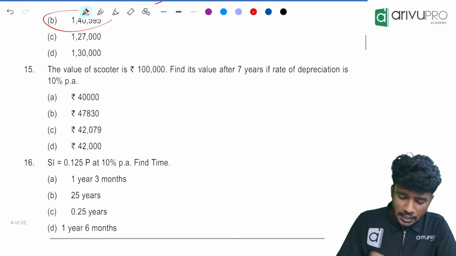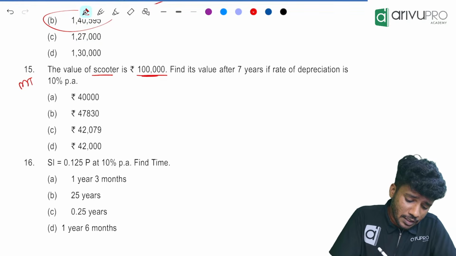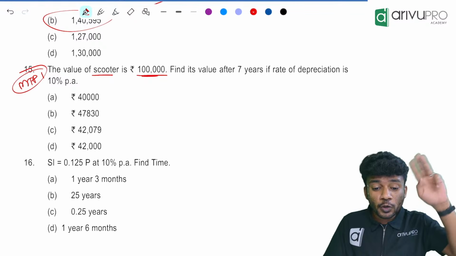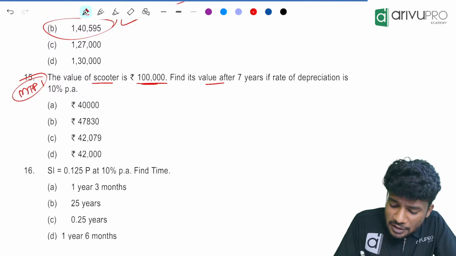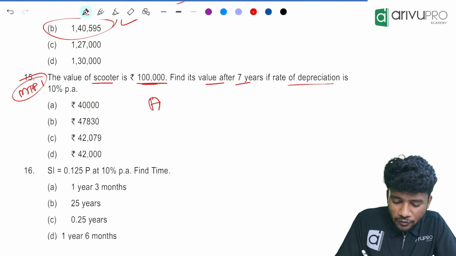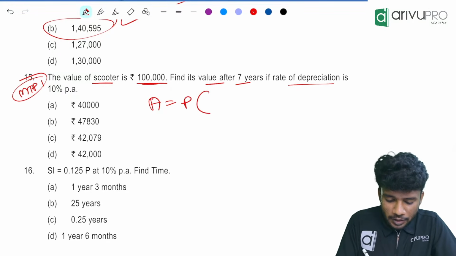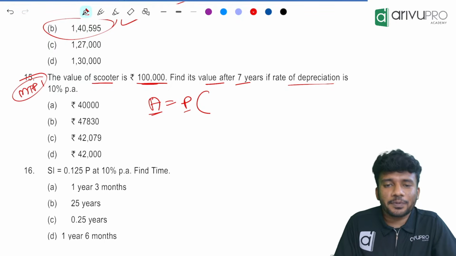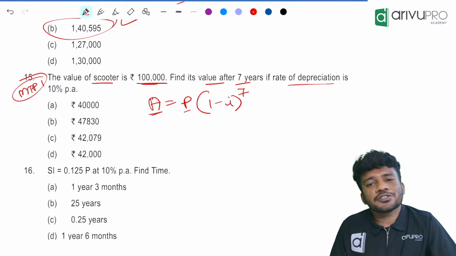Now, the value of a scooter is 1 lakh, which was there in MTP 1 also. 2 or 3 questions were there in MTP 1 similarly. Now, find its value after 7 years after depreciation. People, what is the formula for depreciated value? Depreciated amount is cost price into 1 minus I the whole power n. N is how much over here? 7.